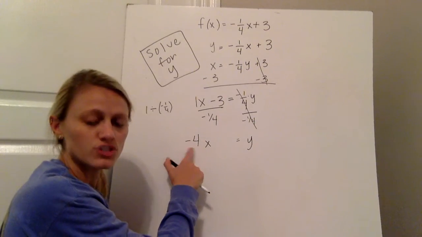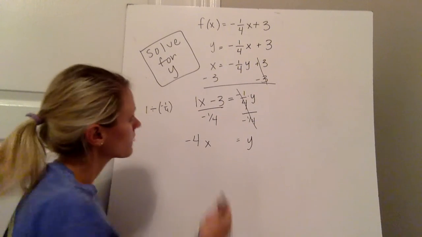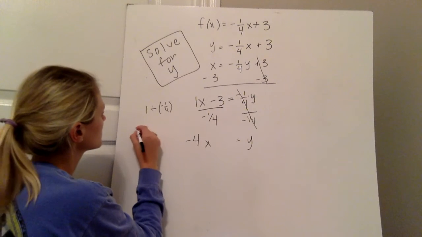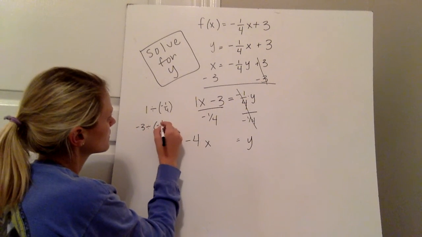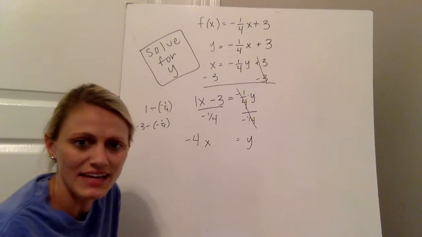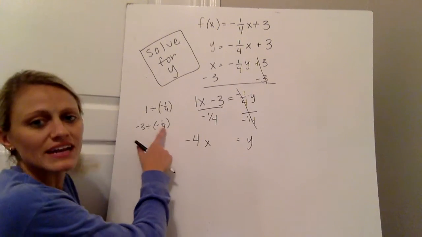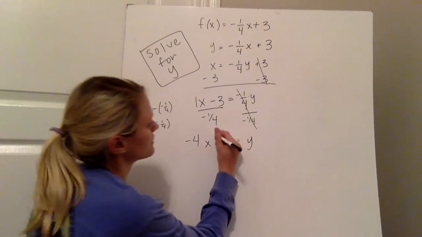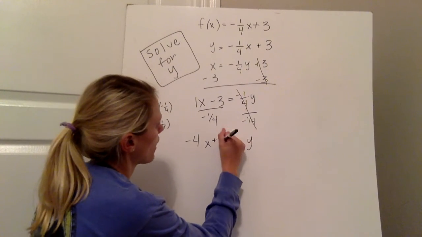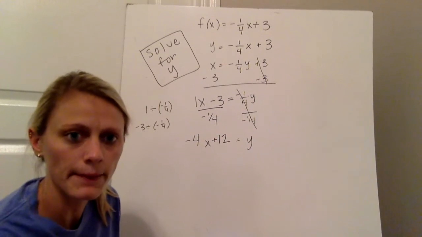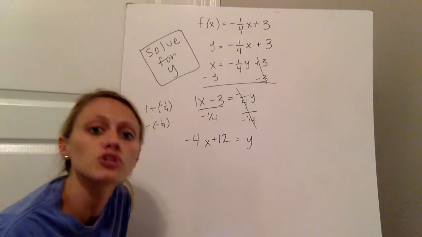You would get -4, so -4x. And then -3 divided by -1/4. We've got a negative and a negative, so that's going to end up being a positive 12.